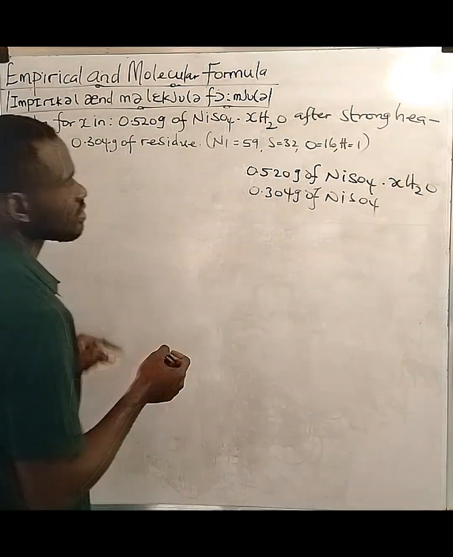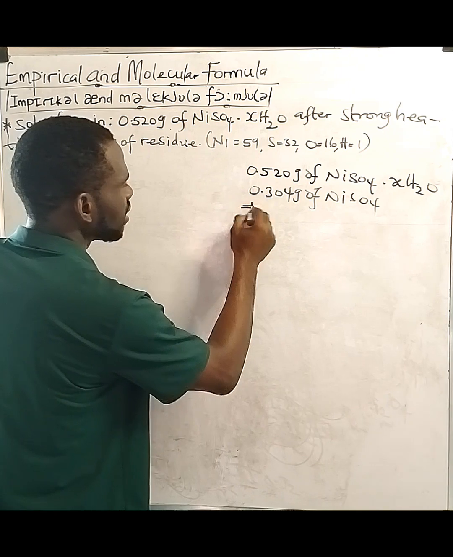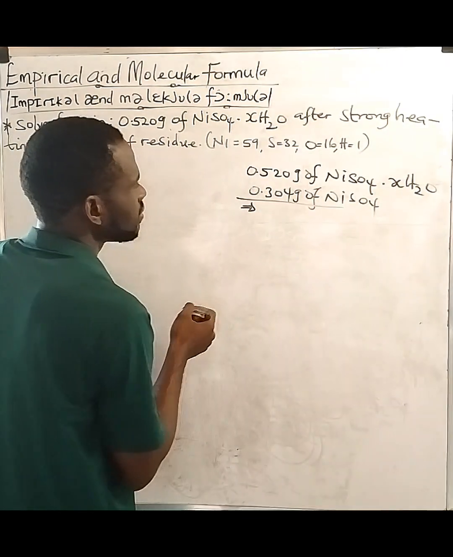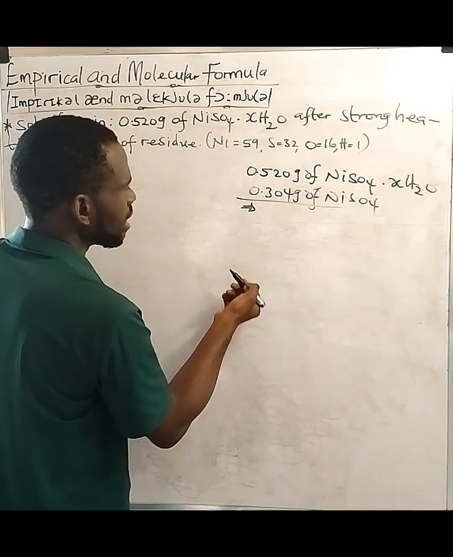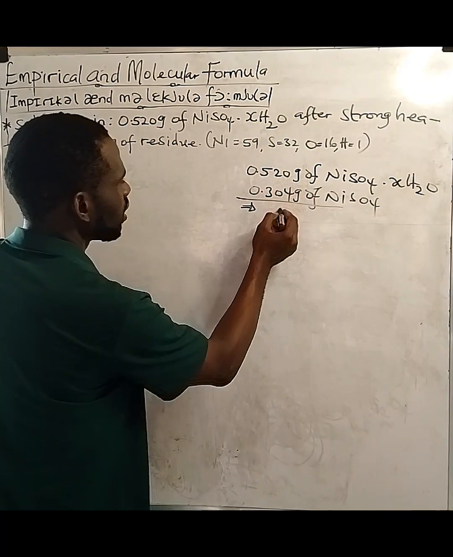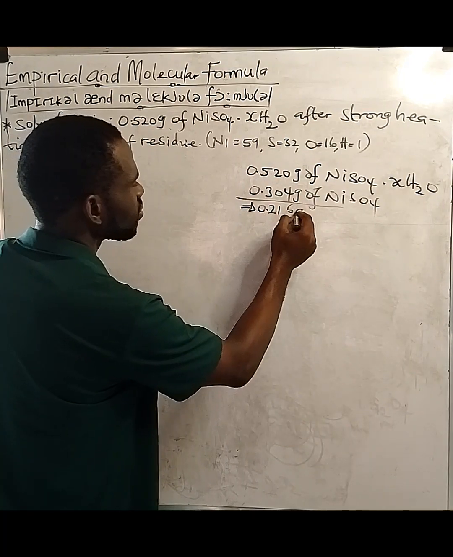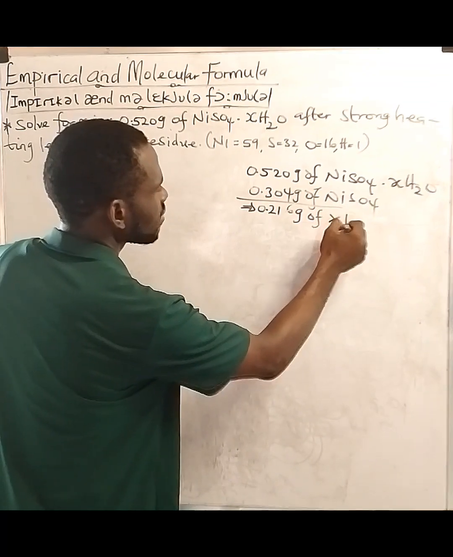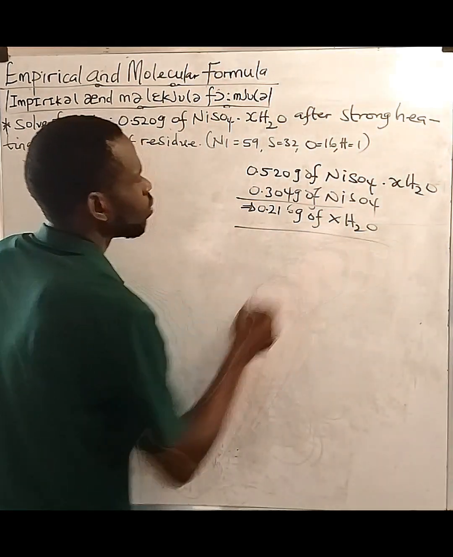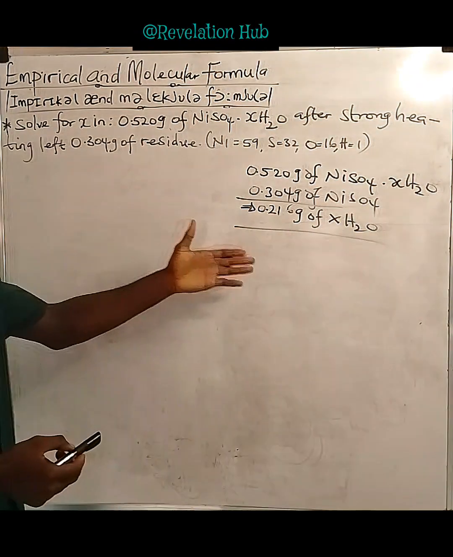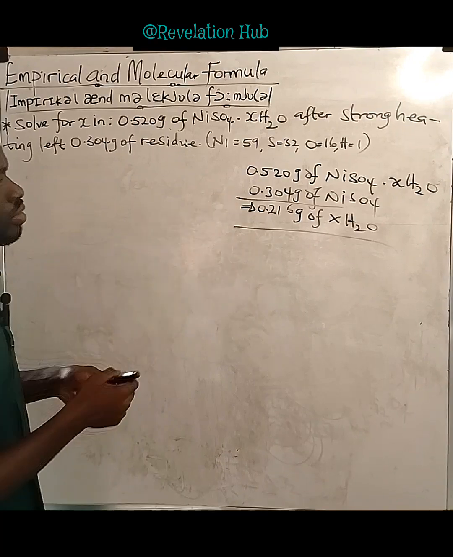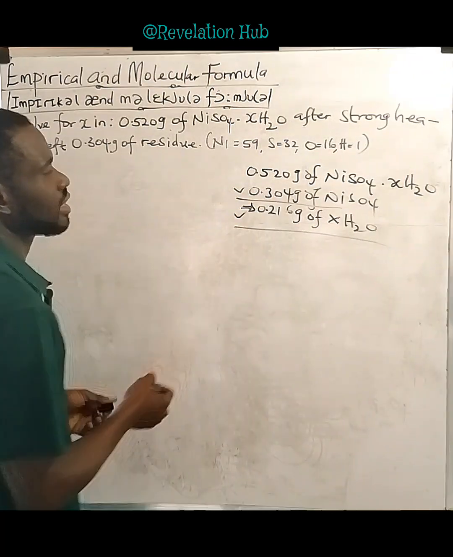The amount of water that evaporated after heating is simply this. Let's do our math. 0.520 minus 0.304 gives 0.216 gram of XH2O that was lost. So we're going to work with this and this.